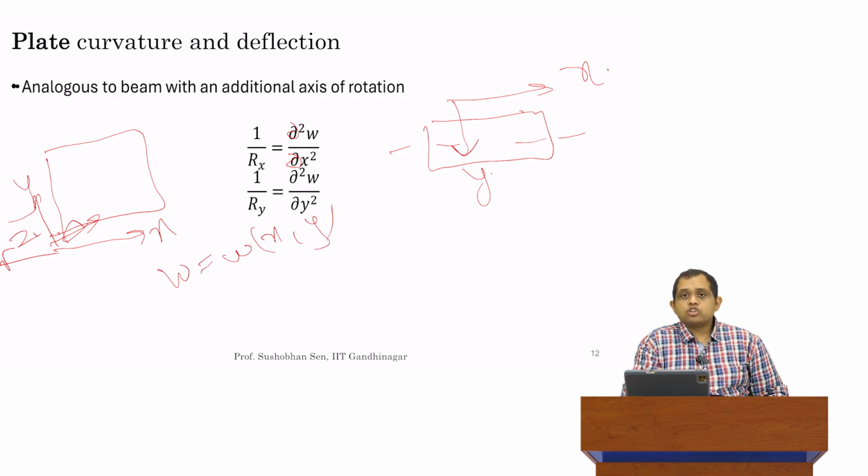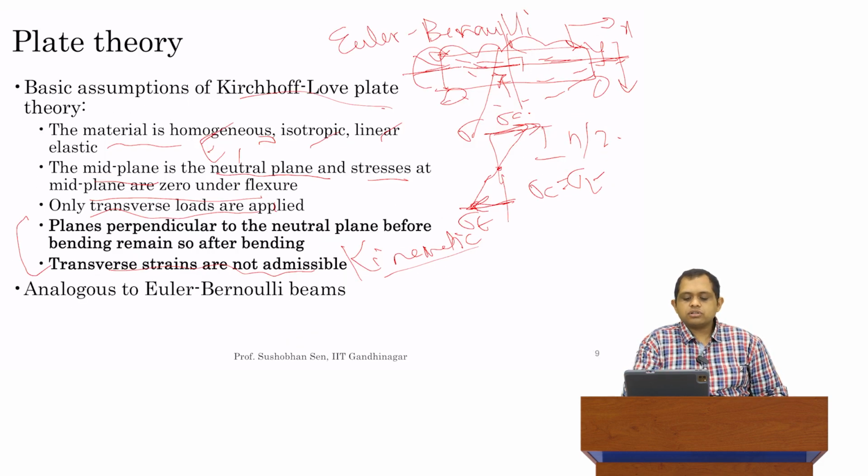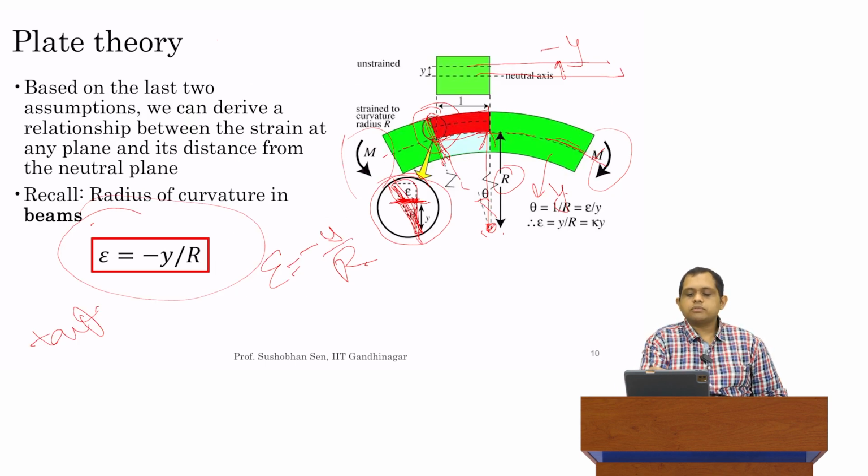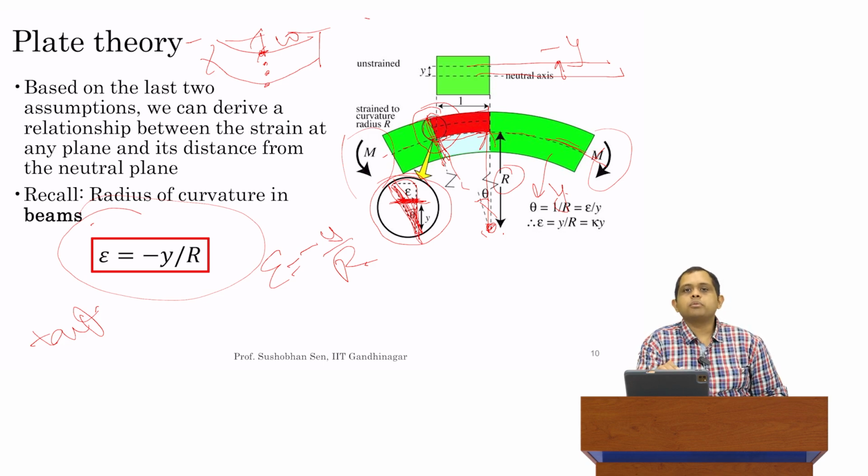Note here w is not a function of z, and that comes from the basic assumption that transverse strains are not admissible. Let me draw it this way: if I've got bending over here and my deflection at any point relative to the original configuration is w, then the deflection of any other point relative to its original configuration also remains w.